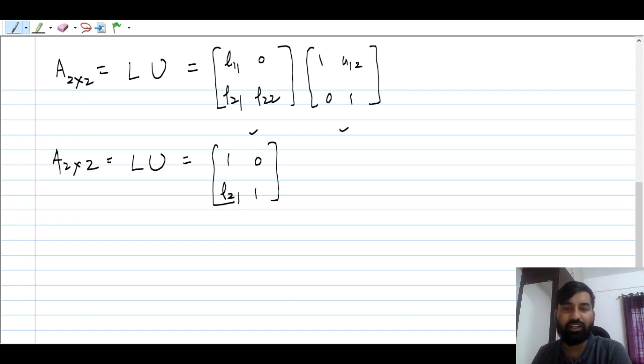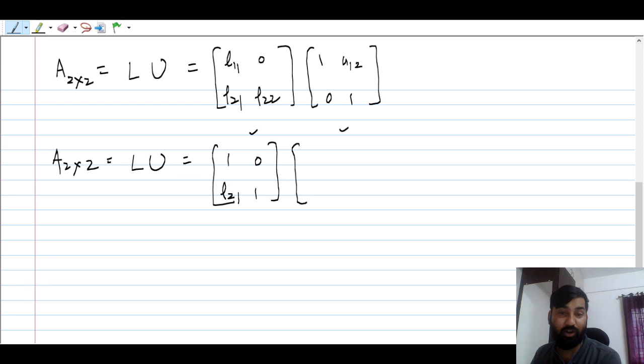Here only one unknown element is there in the lower triangular matrix. So now we have to consider more unknown elements in the upper triangular matrix. You can do it either way around, and depending upon the question, they will mention what you have to do.